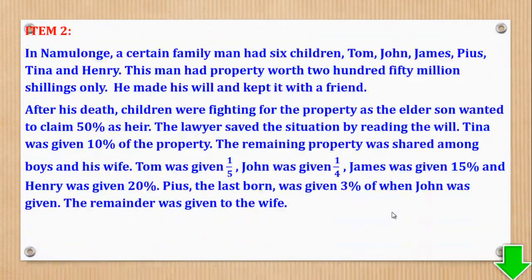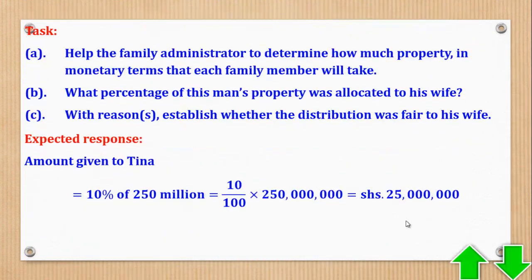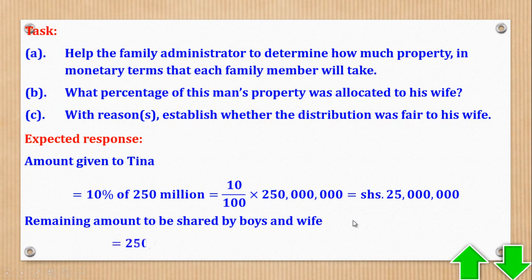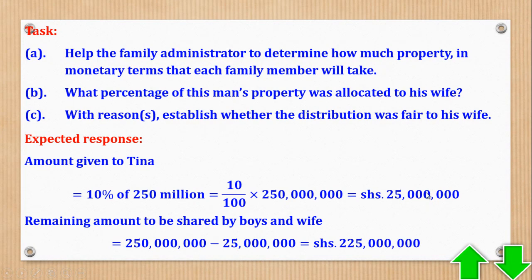Then next, they told us the remaining property was shared among the boys and the wife. So we need to first get the remainder after that. The remainder will be the total minus what Tina got, which will be 225 million.